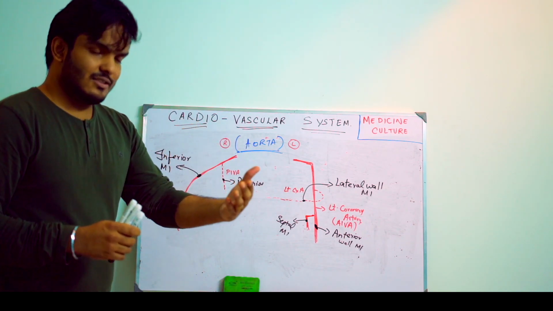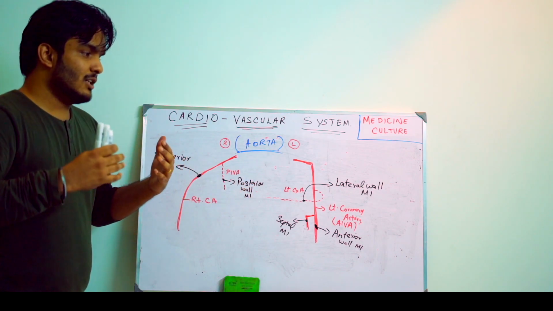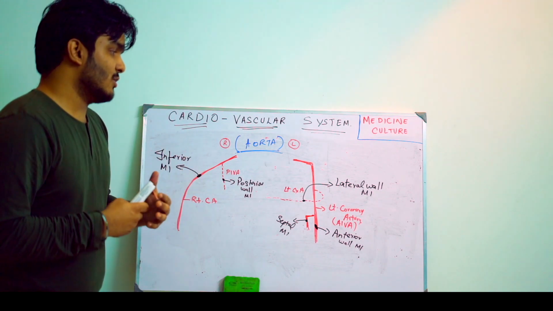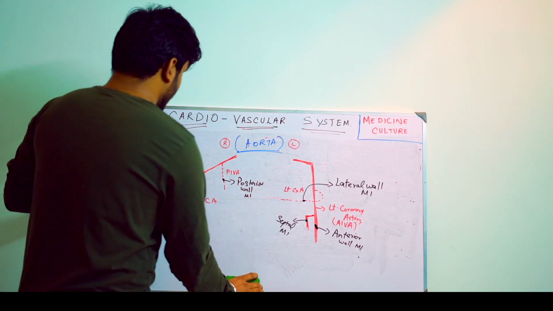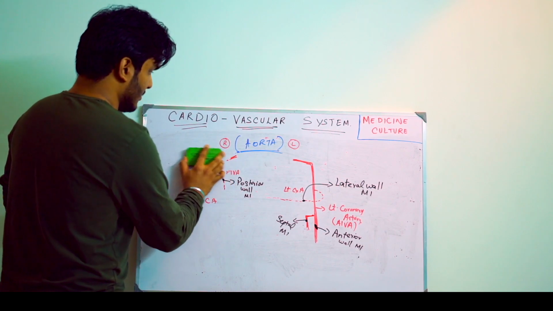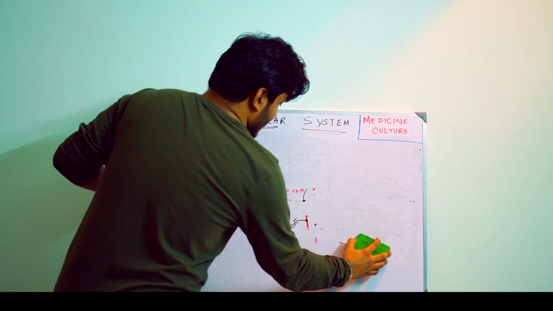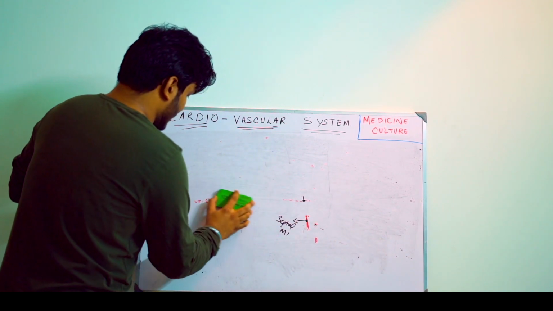Whenever you see an ECG, this is the way you need to decode the problems and come to a conclusion as a doctor. So that's everything about the blood supply of the heart.